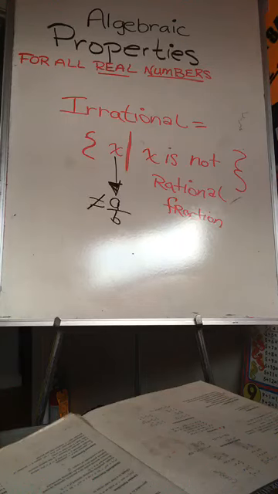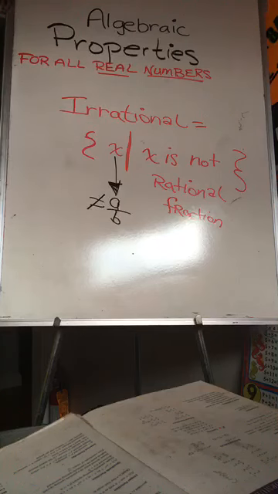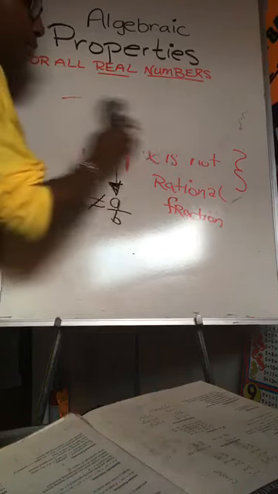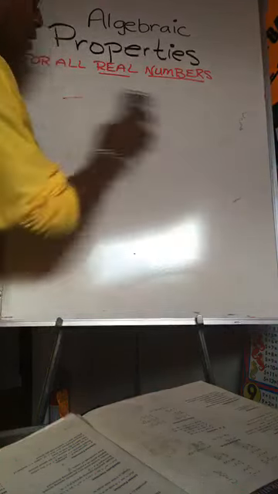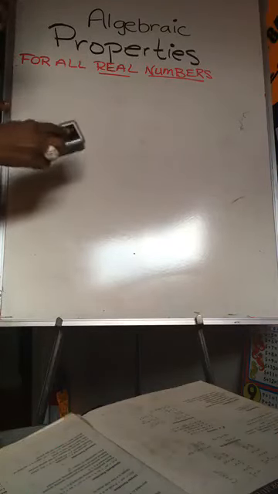Okay, so let's move on now to our properties of the real numbers. That's why I had to go back and give you the definition of what real numbers are. So when you replay this, you can write it in your notes and review it. Okay, so now for all real numbers, we're going to use this in our properties.